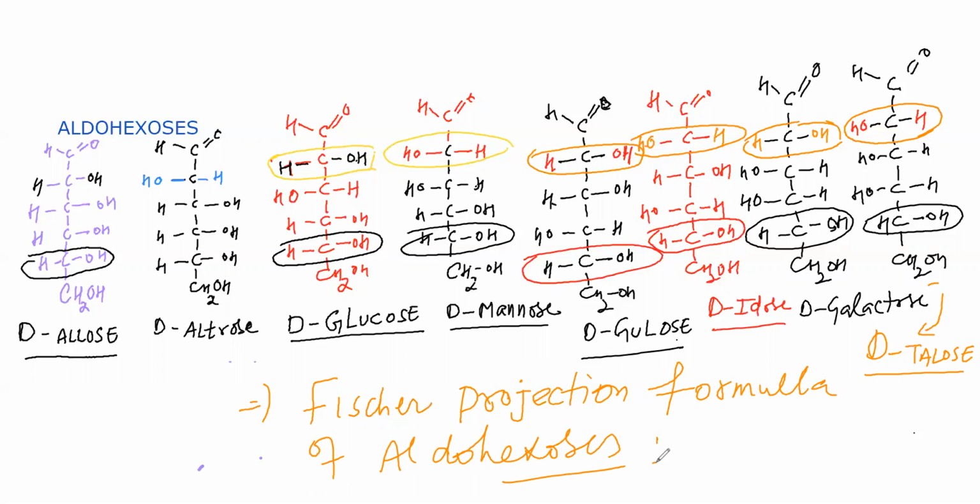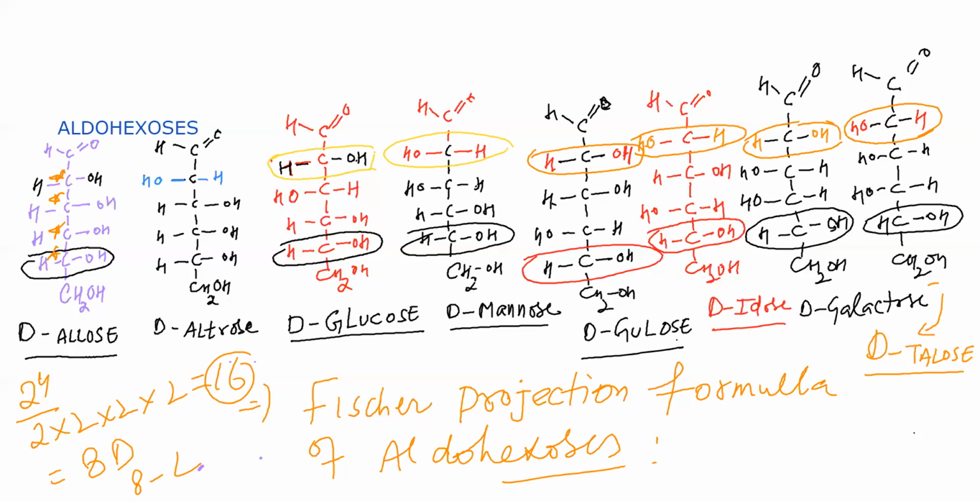aldohexoses. Each hexose has 4 chiral carbons, so 2 to the power of 4, 2 twos are 4, 2 fours are 8, 2 eights are 16 stereoisomers. 8 are D forms, and 8 are L forms. So accordingly, this is the work of the Fischer projection formula of aldohexoses.